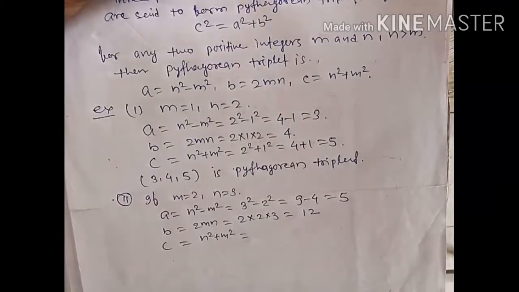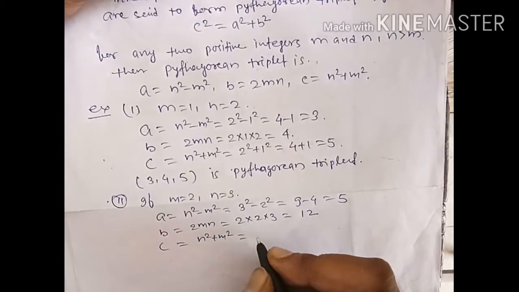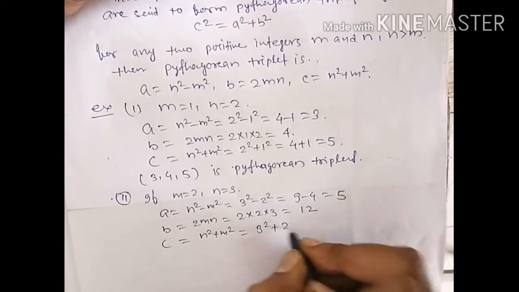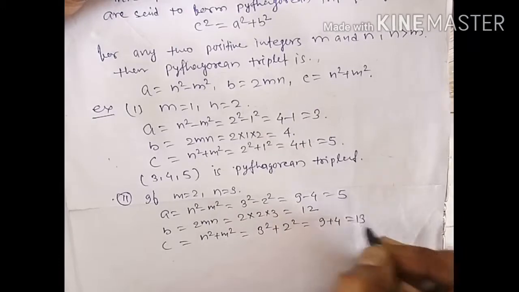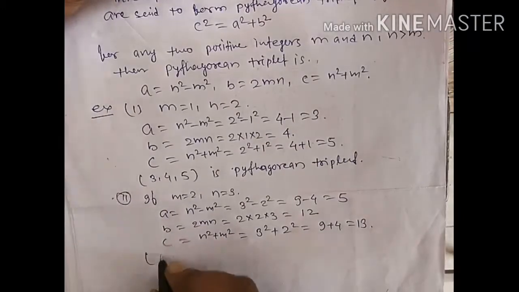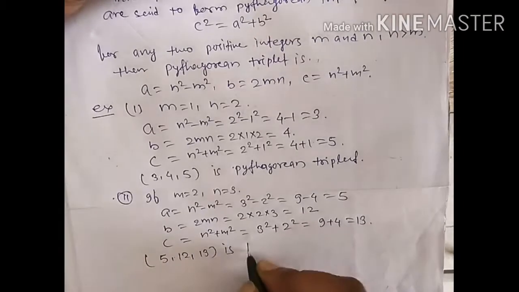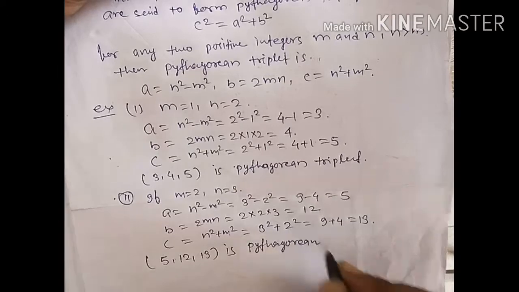So n square is the square of 3, and m is 2, its square, so this will be 9 plus 4, that is 13. So 5, 12, 13 is a Pythagorean triplet.